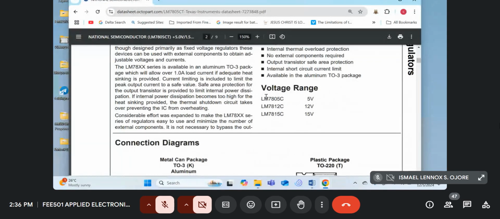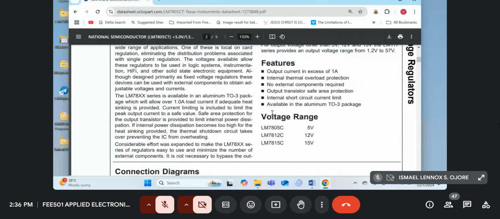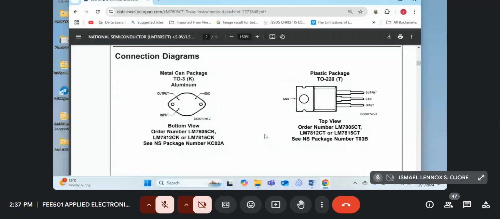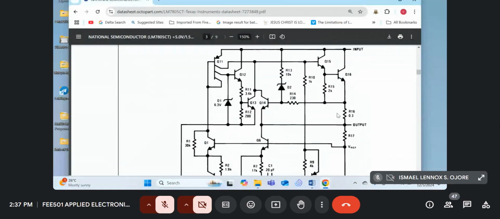And in National Semiconductor, there's the LM78 series. 7805 is 5 volts. 7812C is 12 volts. 7815 is 15 volts. So they'll show you how they're packaged. They're in TO3 packaging, this metal package, or this one called TO-220, the plastic with the metal behind.